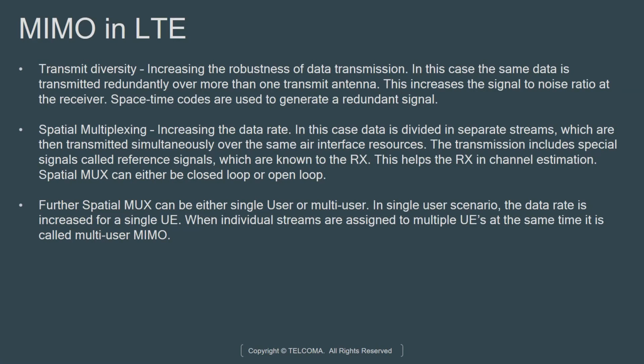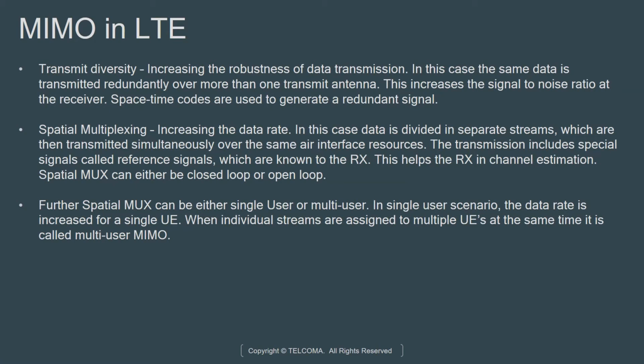So, spatial multiplexing is where we truly start seeing MIMO, where we are able to divide the data stream and send these data streams over different transmission paths, and we actually have two transmit modes in LTE, TM3 and TM4. TM3 is the open loop and TM4 is the closed loop.